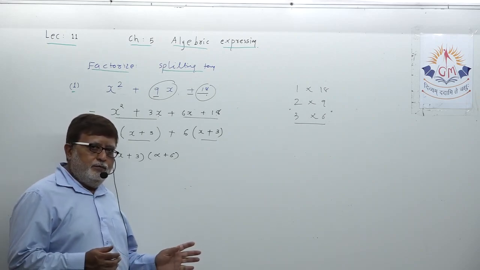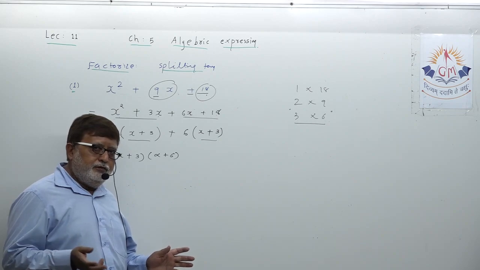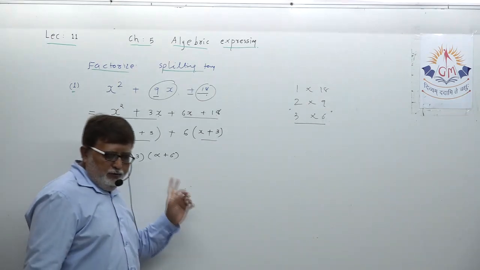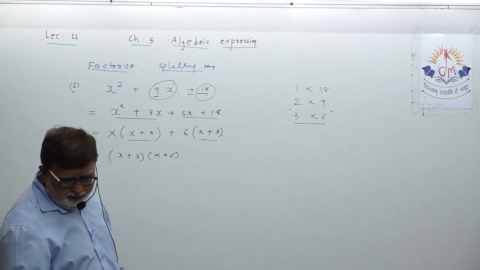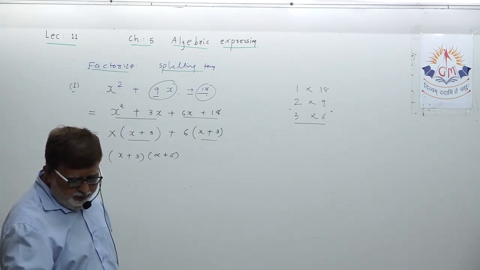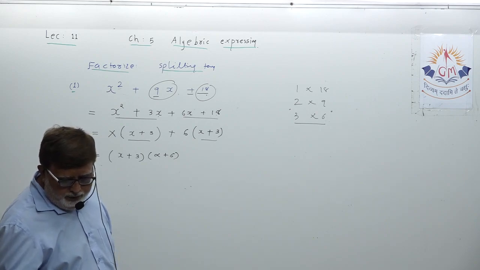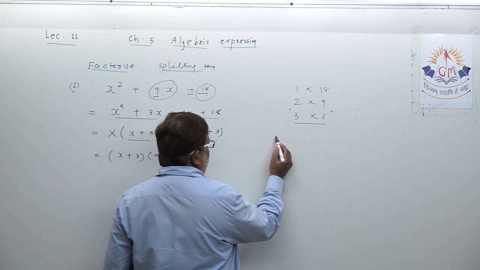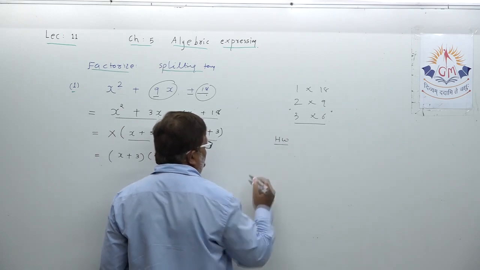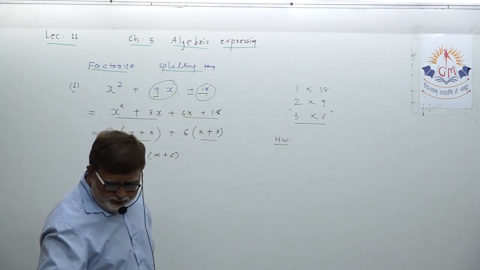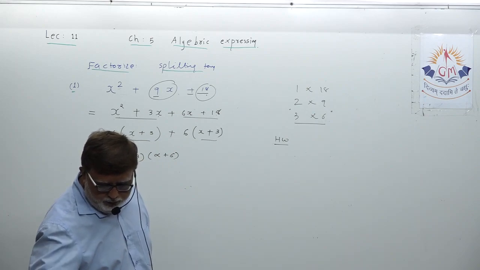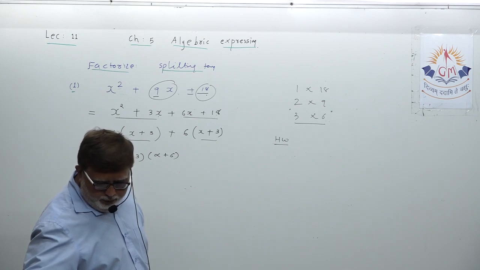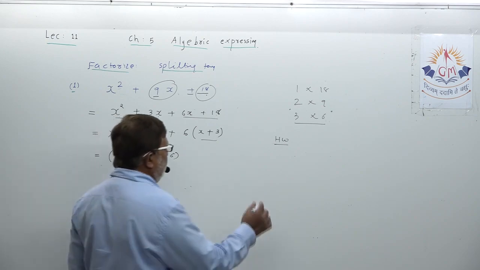Rest of the example we will continue in next lecture number 12. So homework for today's lecture is, dear student, this is your homework for today's lecture. Please note down homework. Few illustration examples you have to do, that is example 27 you will do.